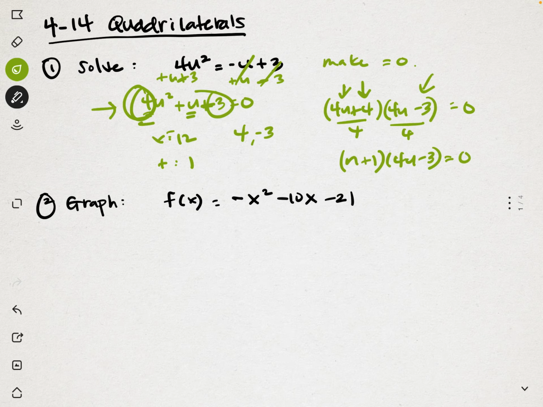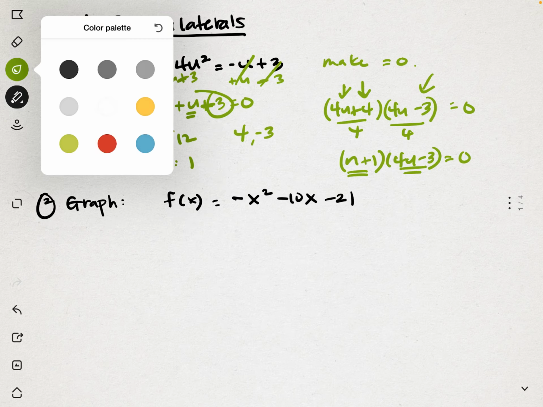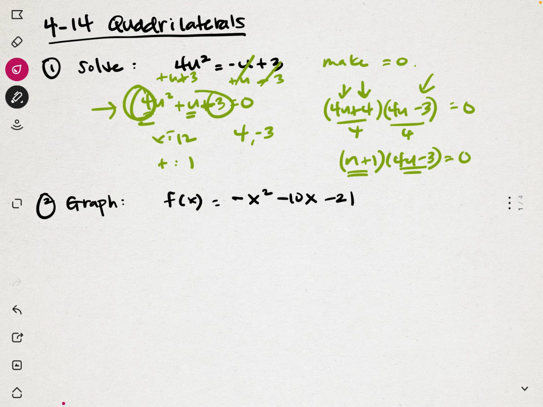All right, if it asks you to solve, we're not quite done yet. We factored it, so we've got to figure out what makes each of these parentheses 0. So let's go ahead and do that now. The first one is easy. We know that if u is negative 1 and we add 1 to it, we get 0. Oh, sorry, this should be u. Okay, so u equals negative 1.